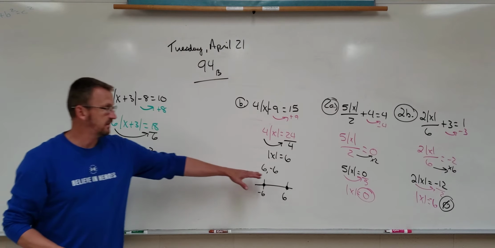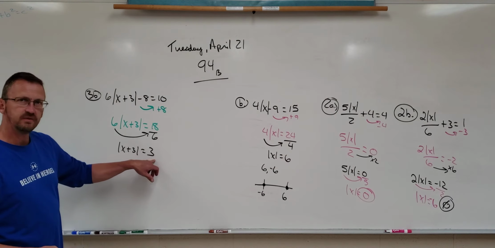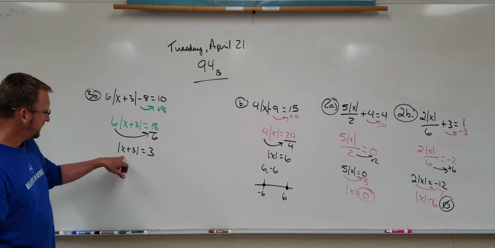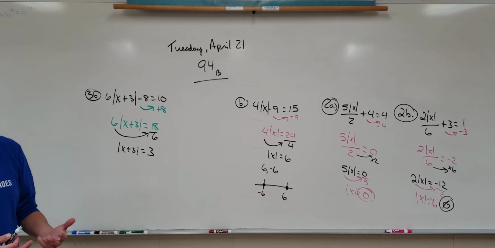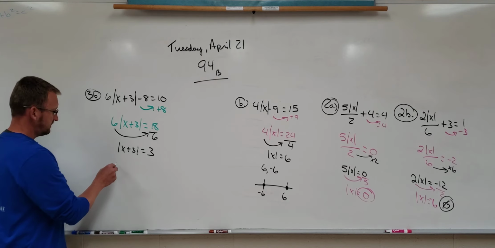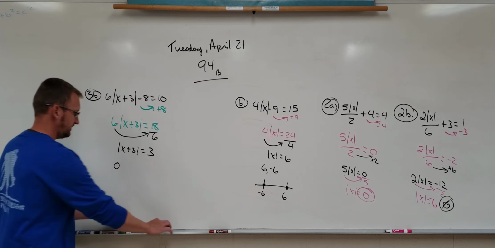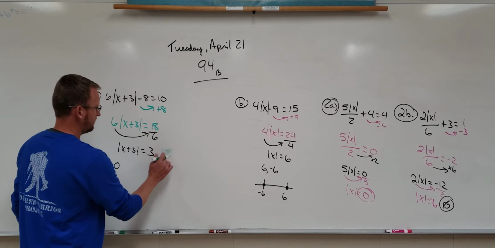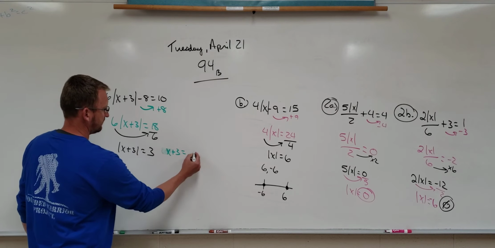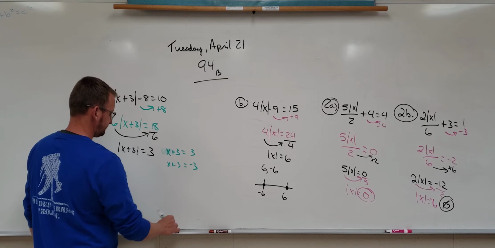So now going back to these, I need to figure out what value for x is going to give me 3. Well, x can be what plus 3 equals 3? Well, 0 plus 3. Technically, you can set it up such as this: x plus 3 equals 3, and x plus 3 equals negative 3.